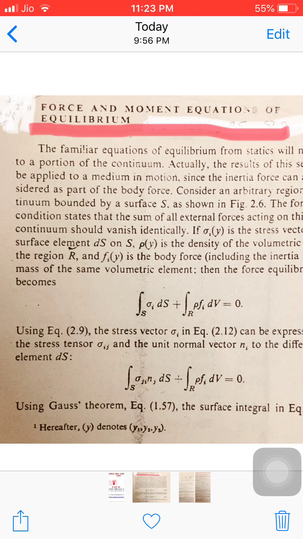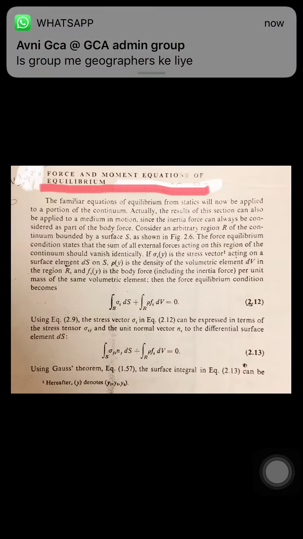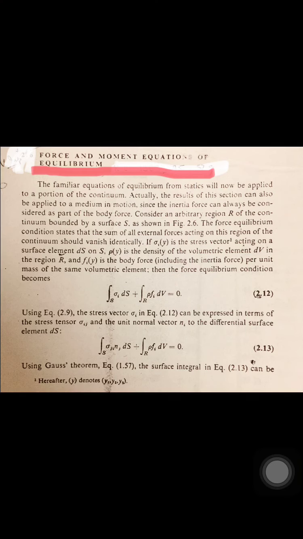The familiar equations of equilibrium from statics will now be applied to a portion of the continuum. Actually, the result of this section can also be applied to a medium in motion, since the inertia force can always be considered as a part of the body force.